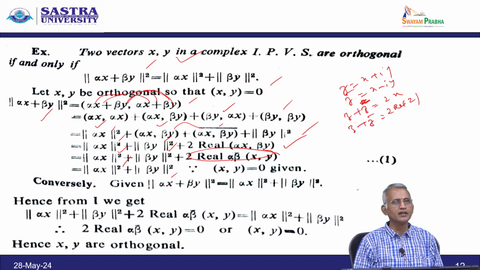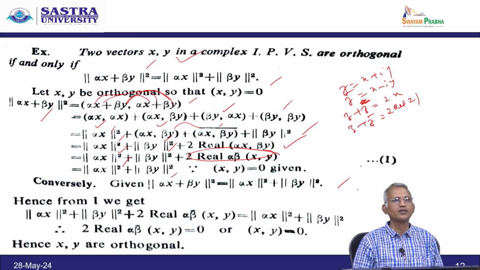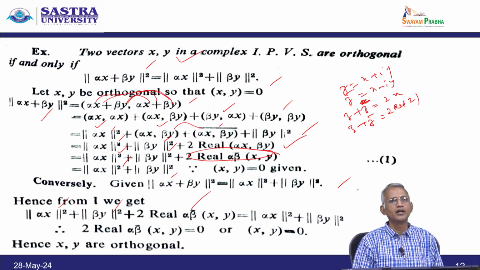Conversely, given norm of alpha x plus beta y square equals norm alpha x square plus norm beta y square, from equation 1 we get norm of alpha x square plus norm of beta y square plus 2 into real part of alpha beta bar into x comma y, which is equal to norm alpha x square plus norm beta y square.